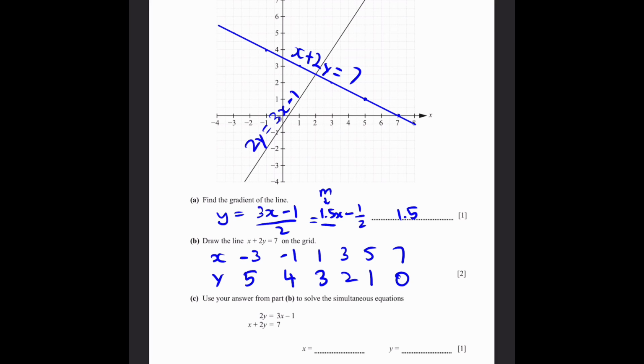Now let's look at which point is the intersection point. Right there. The coordinates of this point are x equals 2 and y equals 2.5. So we'll just write that down. x equals 2, y equals 2.5.